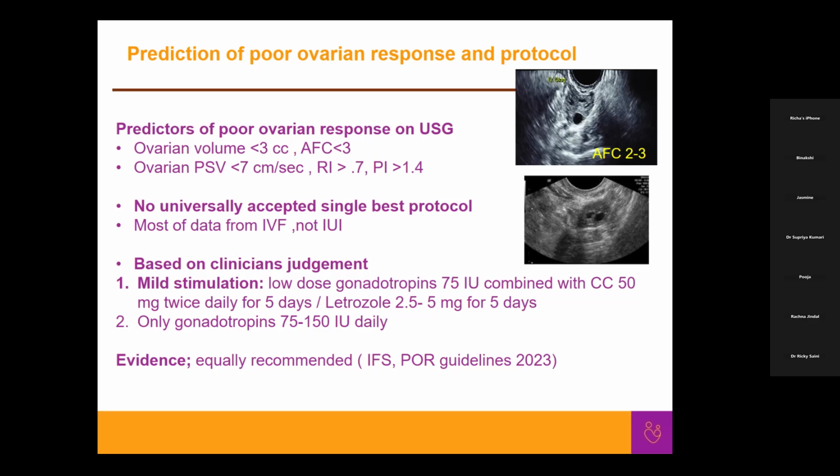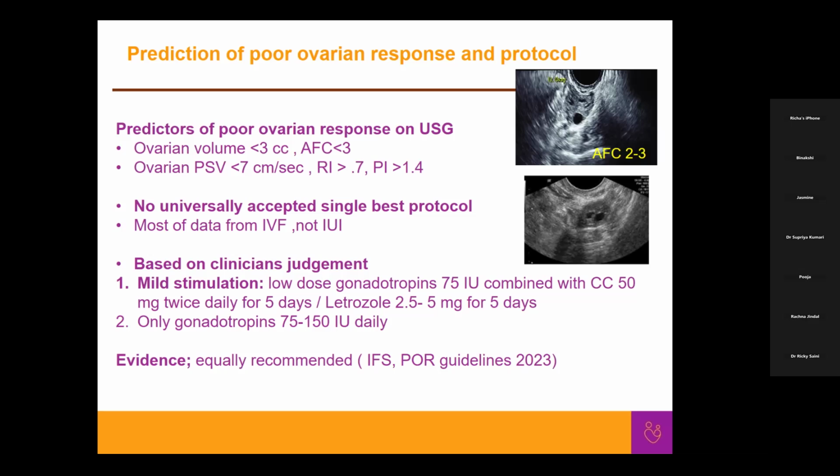Then there is no universally accepted single best protocol for poor responders, because most of the data is from IVF, not from IUI cycles. So we have to use our own judgment and experience in deciding the protocols. It could be a milder stimulation protocol where we start with 75 units of gonadotropin combined with letrozole or clomiphene, or we can use only a gonadotropin protocol, 75 to 150 international units.